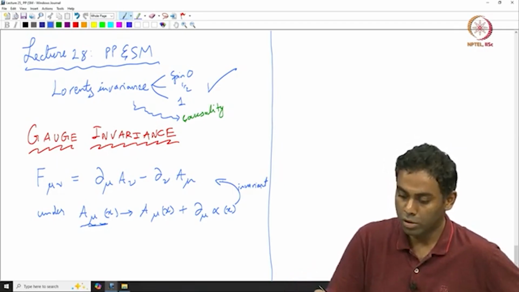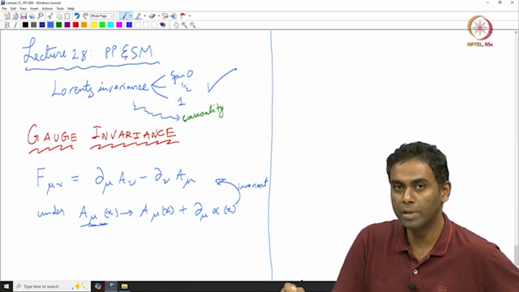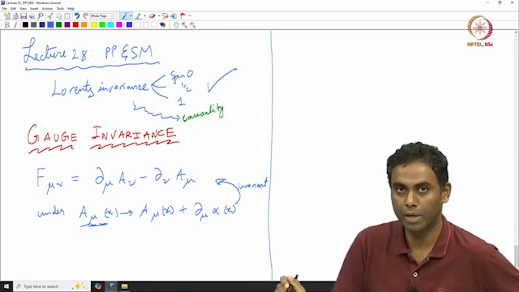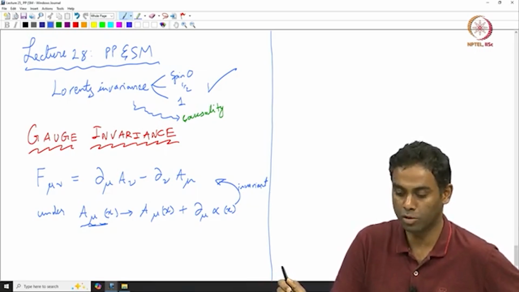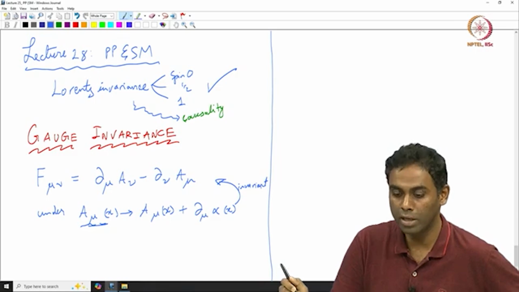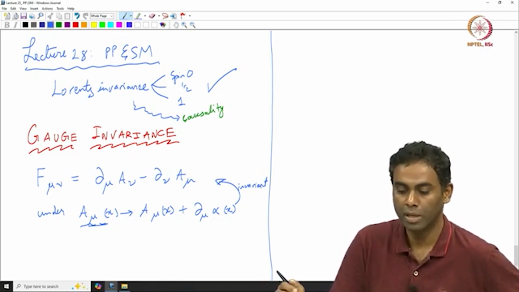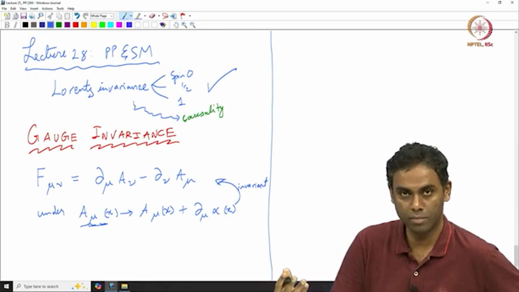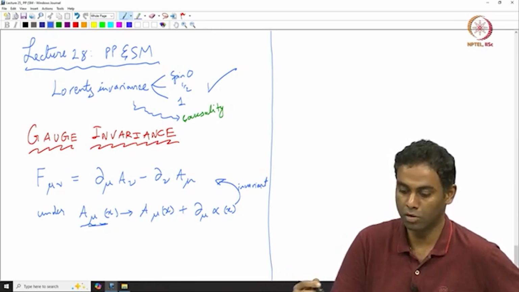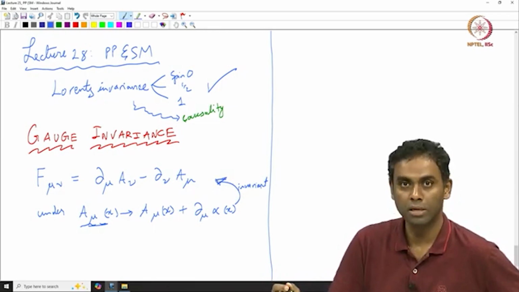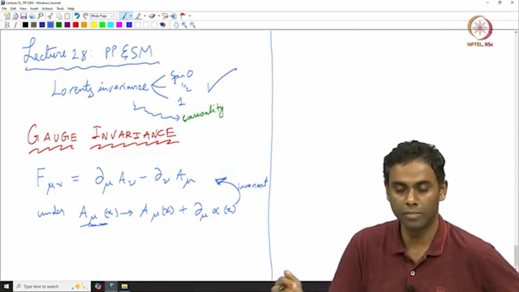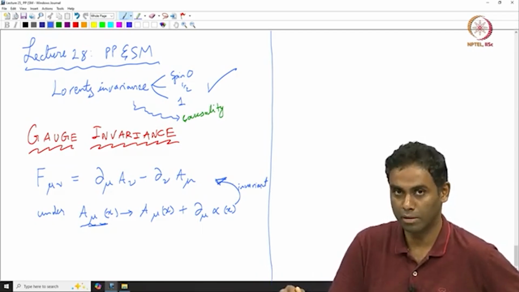So what is so fundamental about that is not completely clear. There are many beautiful consequences that come out of this, but why nature should again and again make use of this symmetry in order to describe the world, in order to construct the fields making up the world, is not completely clear.